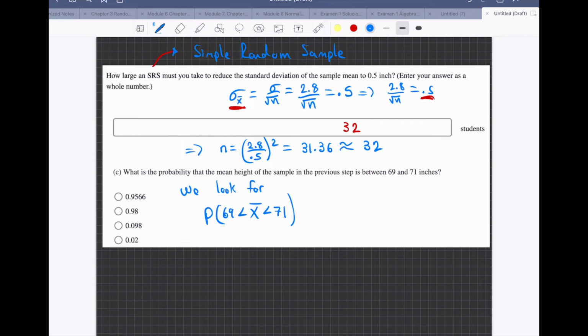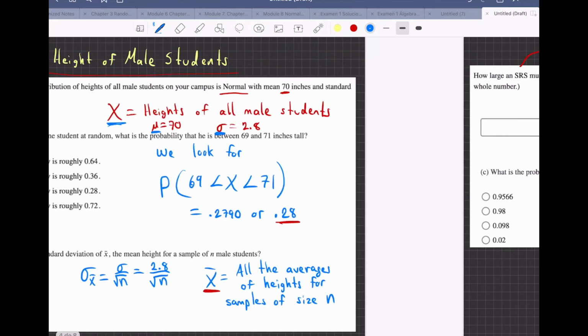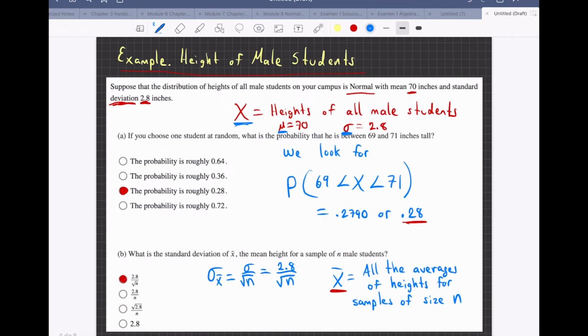You will be able to compute this by using Minitab. What are you going to need? Only remember that the mean for x bar is the same as the mean of the population. The mean of x bar is going to be 70.